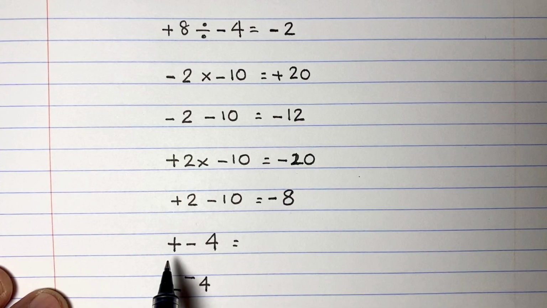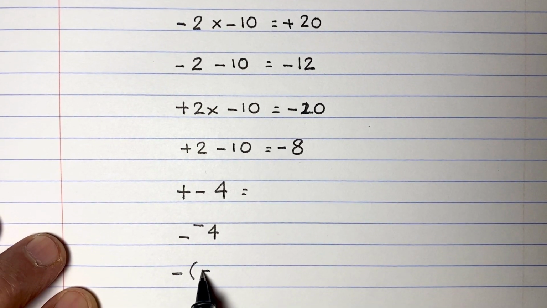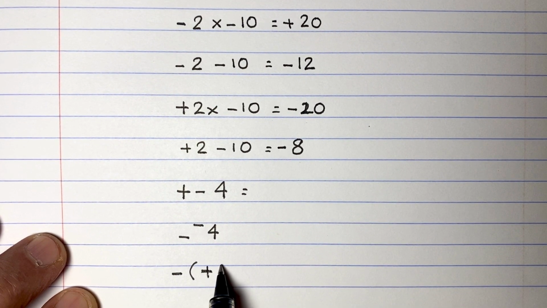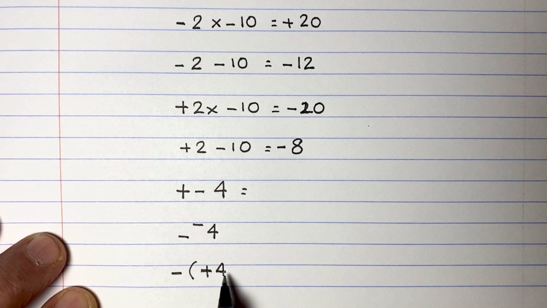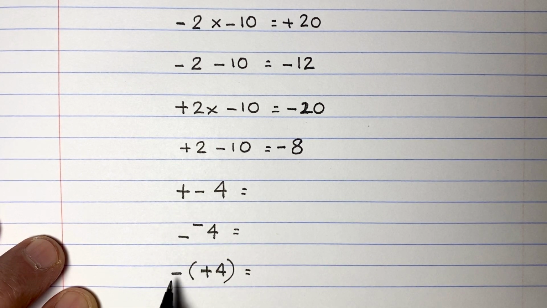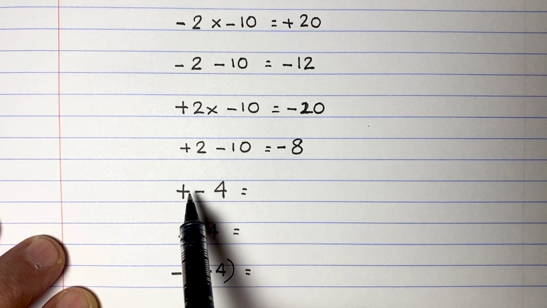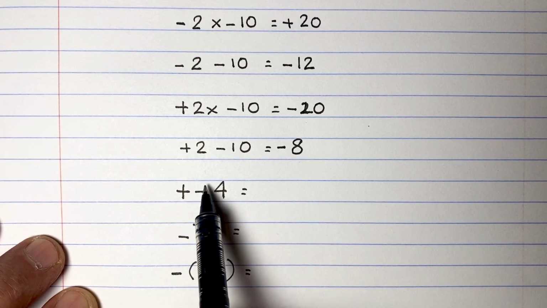Sometimes the signs are written on the same level, sometimes one below the other, and sometimes within a bracket. So again, I've got two signs following each other. Positive, negative, negative, negative, negative, positive. When you have two signs following each other, there is an invisible times between them.